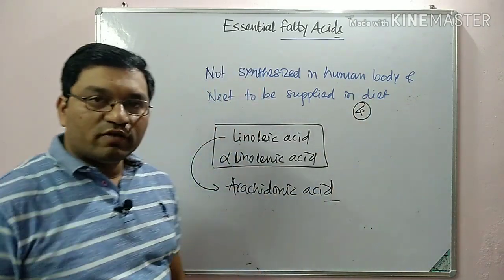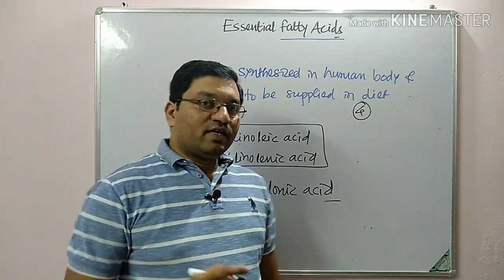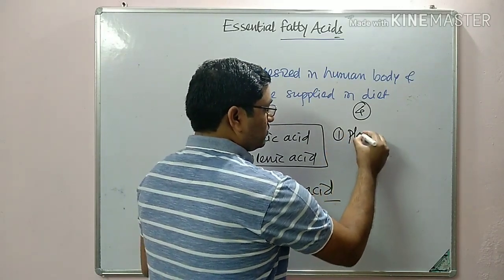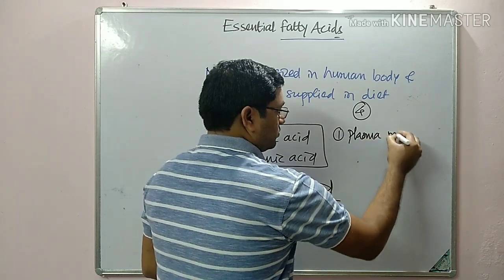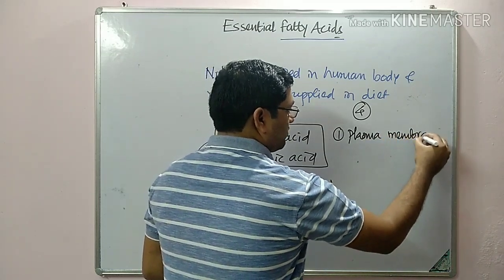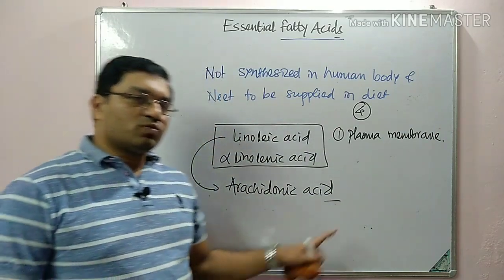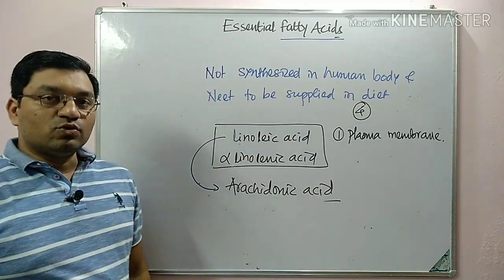Now coming to the functions of essential fatty acids, they have 4 important functions in our body. The first important function is that they are a component of the plasma membrane, or cell membrane. They are incorporated into phospholipids at carbon 2.